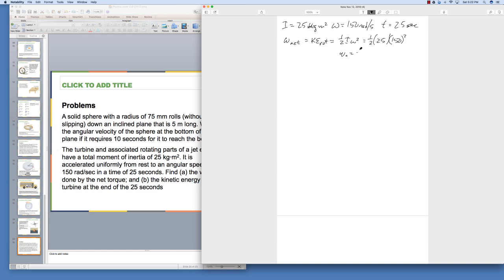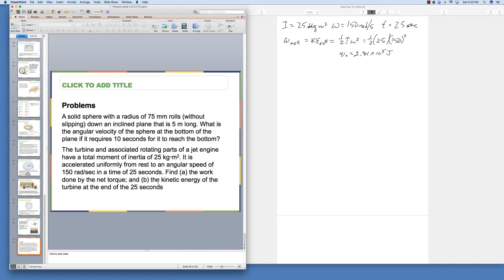So work net is equal to 2.81 times 10 to the 5th joules. And the work net is going to equal the kinetic energy. So work net and kinetic energy are equal.